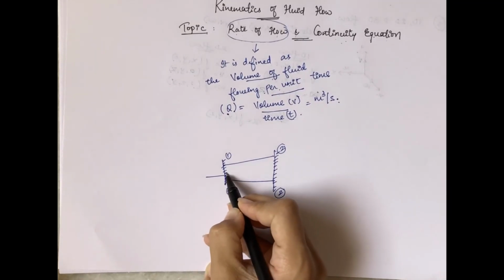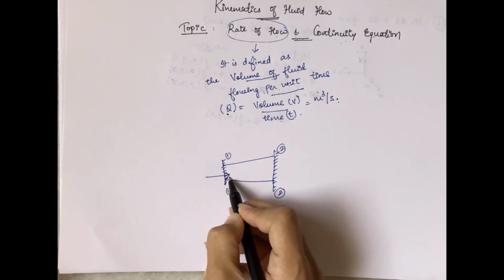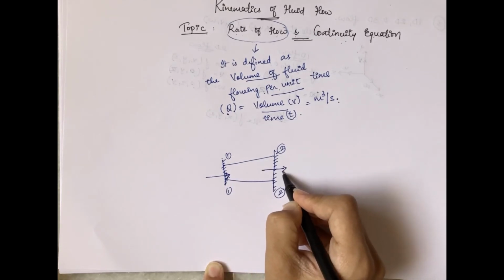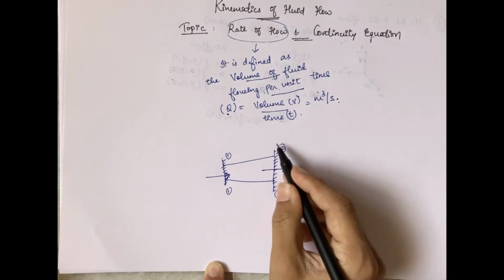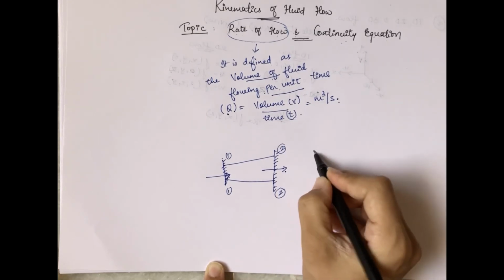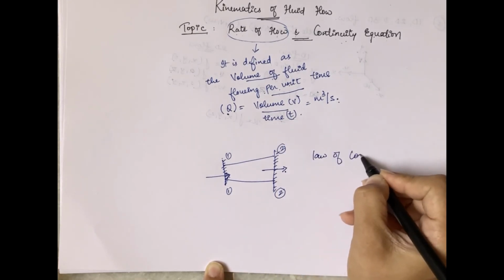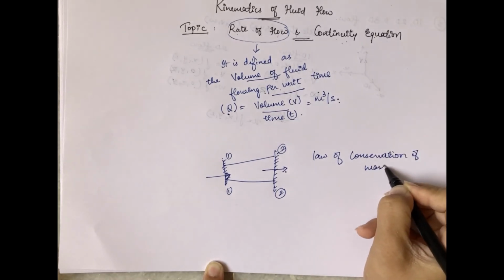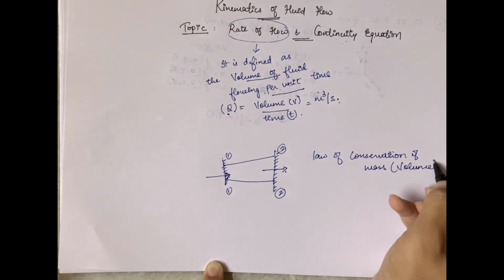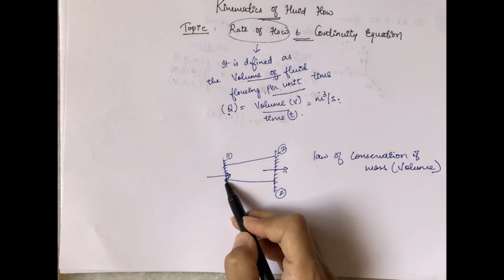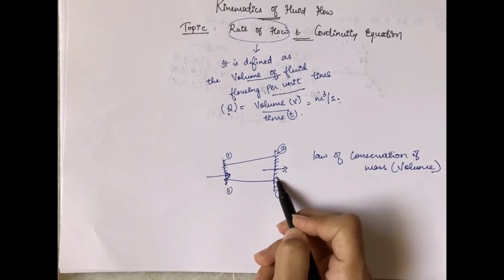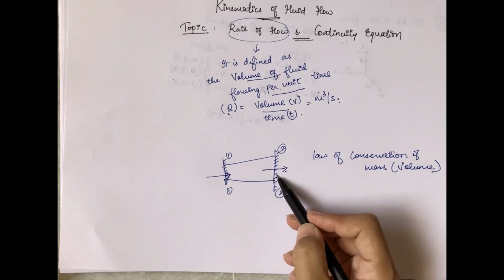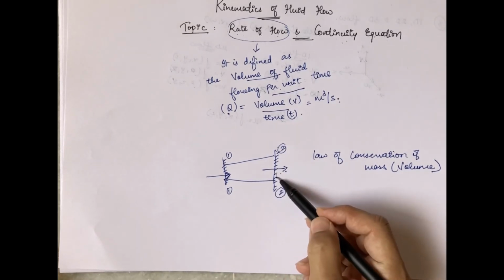Whatever volume of water enters this section of the pipe, the same amount will leave through section 2 of the pipe, and this is based on the law of conservation of mass, or here we can say volume. So the same volume of fluid will leave through section 2 of the pipe.